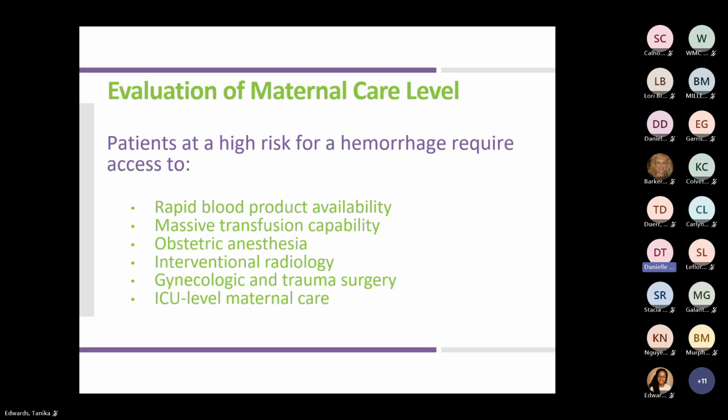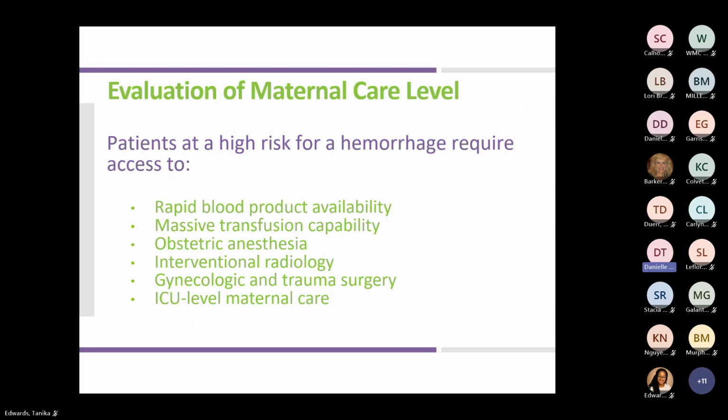Obstetric anesthesia is really important because they are often your captain and lead of that effort of replacement, understanding what the replacement requires, the order, as well as the pace of replacement.